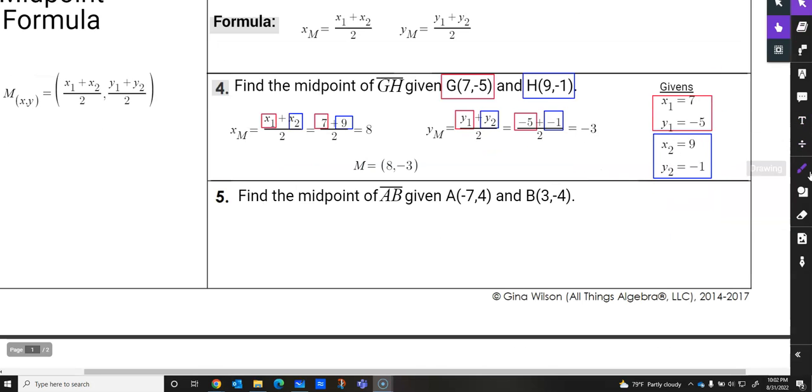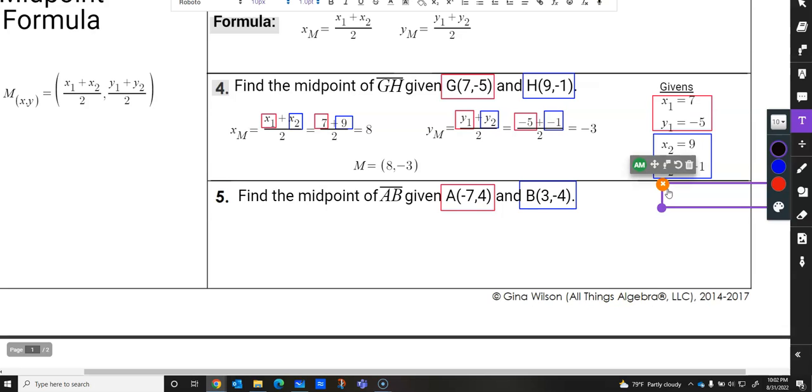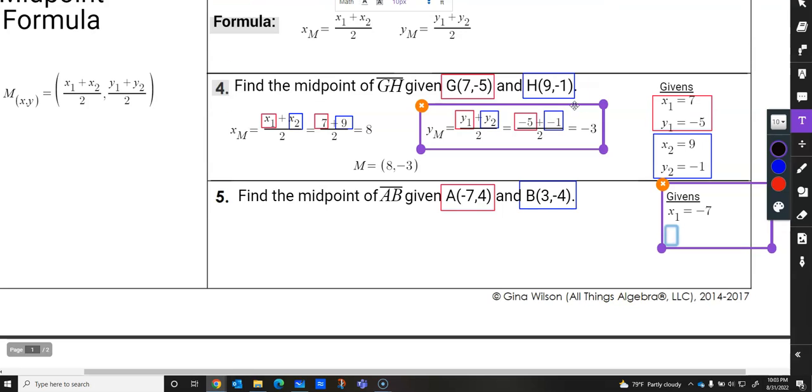Number 5, they want us to find the midpoint of segment AB, given that A is -7, 4, and B is 3, -4. So again, first thing we do is list our givens every single time. So our first thing we know is that x1 is going to be -7, and then we have y1, and that's going to be 4.